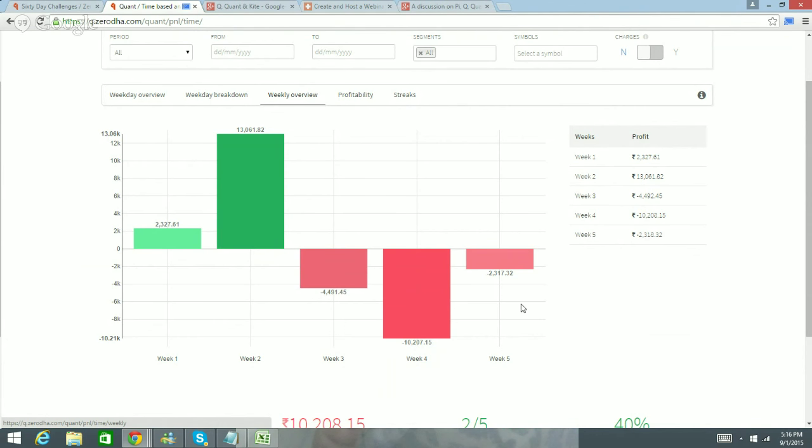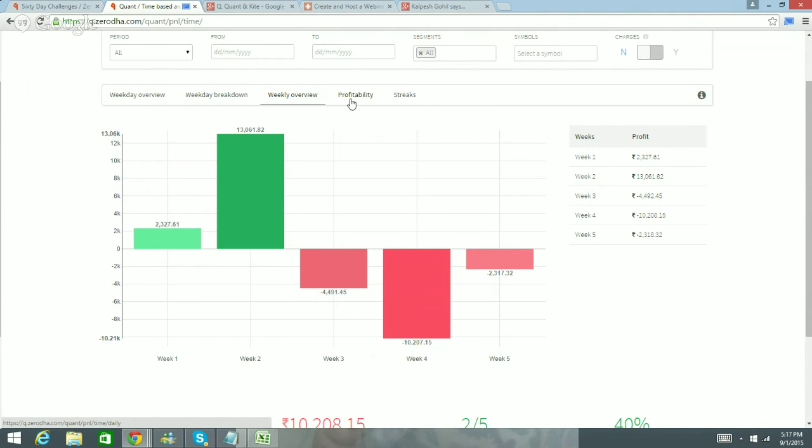So typically what we have seen mostly is that expiry weeks are when most people tend to have a loss. Because expiry week is when markets are a lot more volatile than other weeks, right? And so people try to get aggressive and try to overtrade.